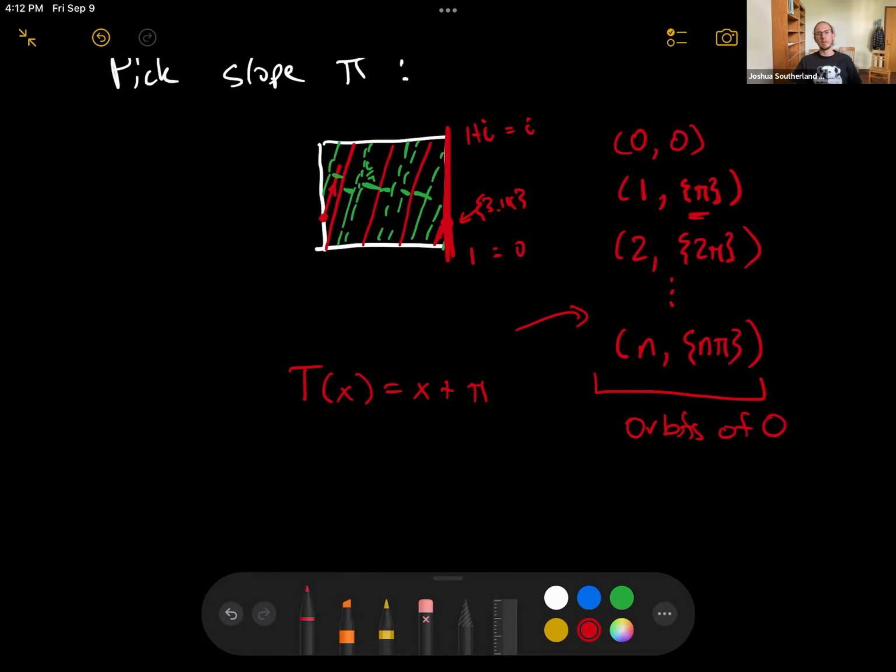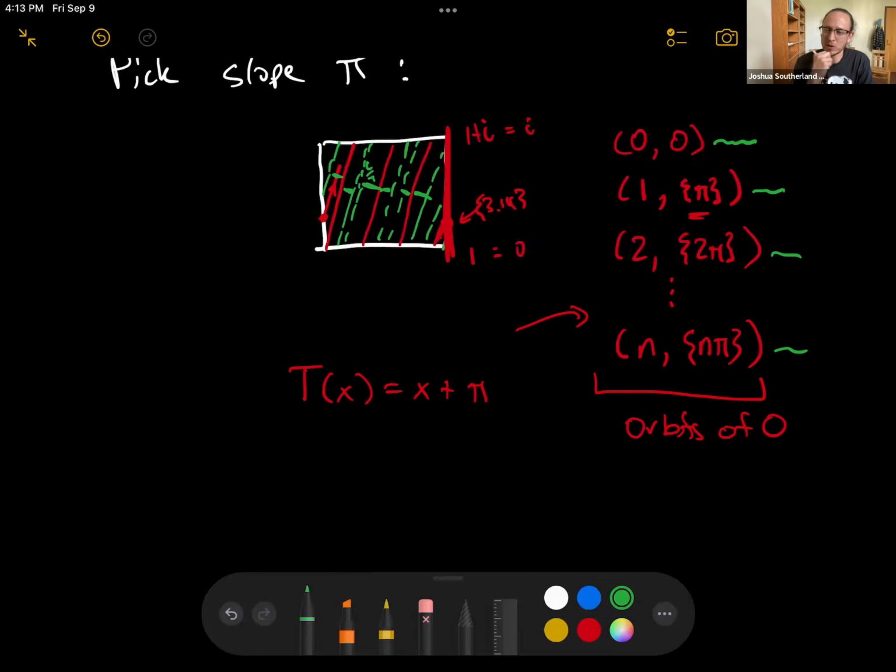Now if this thing was super dense, that means the neighborhood surrounding the trajectory is also hitting our section, so there would be some neighborhood around each one of these points. And that neighborhood would have to cover the entire section, the entire segment.